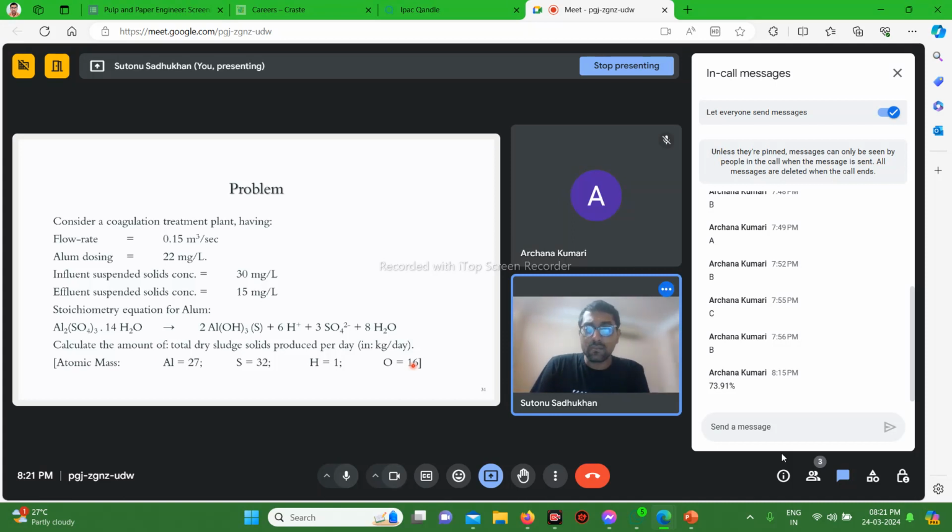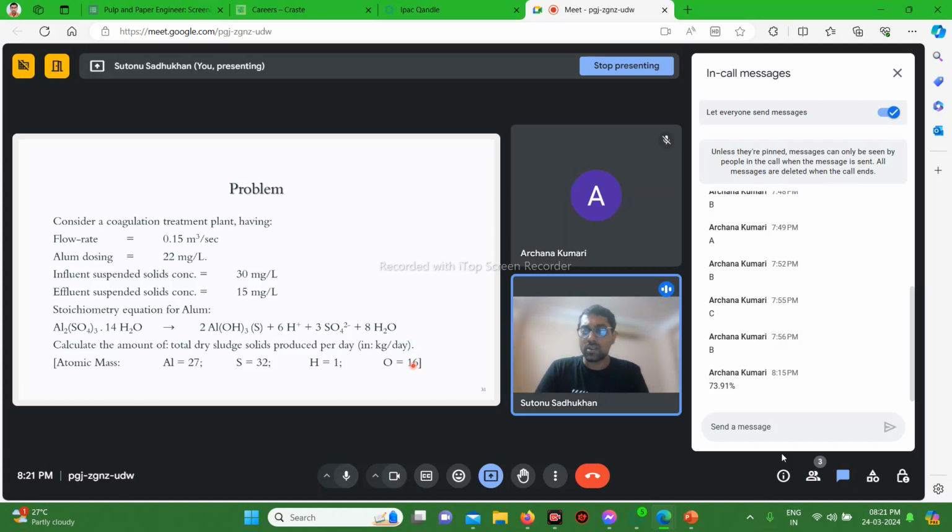If it was told total wet sludge solids, then you have to consider the water, 8 moles of water plus 2 moles of Al(OH)3. Both you have to consider, but here they are only telling the Al(OH)3. So you have to consider the dry part of this, that means only the aluminum hydroxide. Okay.